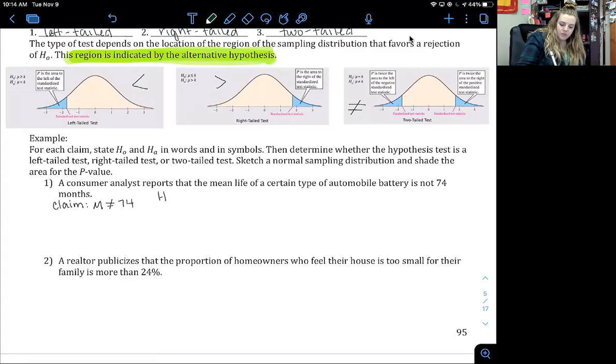Because it's not equal to, it's going to be our alternative. So mu does not equal 74, which is our claim. So now we want to write the complement of not equal, which is going to be equal to 74. And now we want to look, based off the alternative hypothesis, are we going to be left-tailed, right-tailed, or two-tailed? Not equal means we're two-tailed.